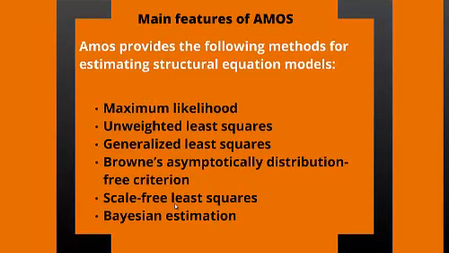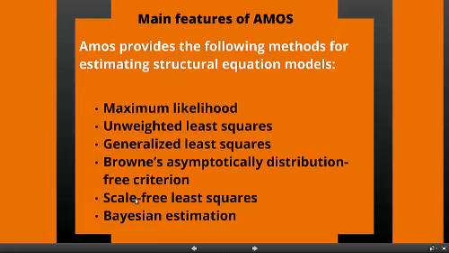Now, what are the main features of AMOS? Well, it provides a lot of methods within the structural equation model, and we have listed a number of them here. Don't be bothered about them, because some of them may sound highfalutin, to the mathophobics. Mathophobic now, people who do not like maths. Maximum likelihood, unweighted least squares, and all of these that you can see here.